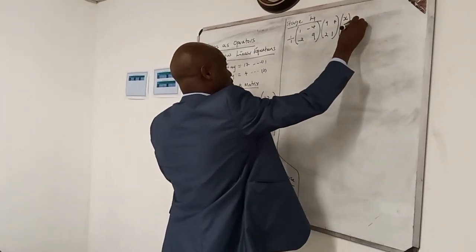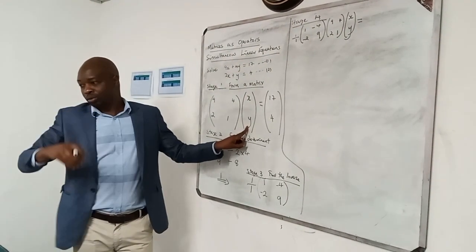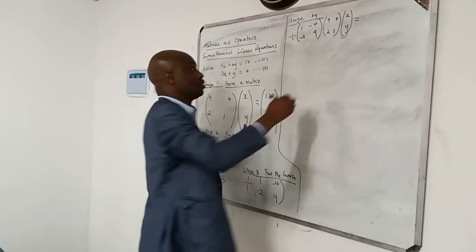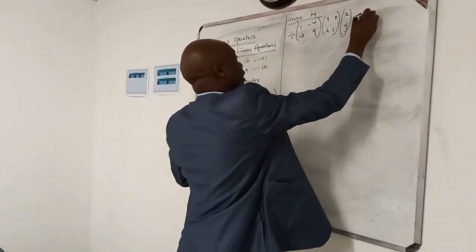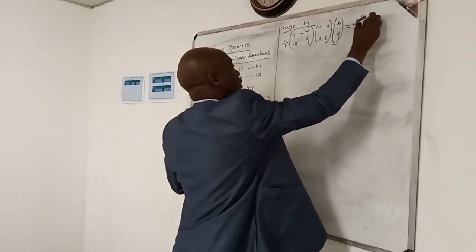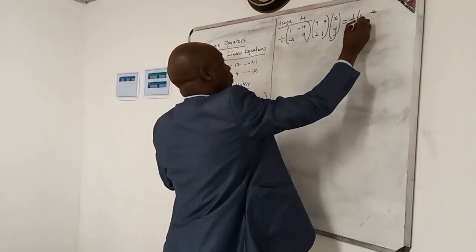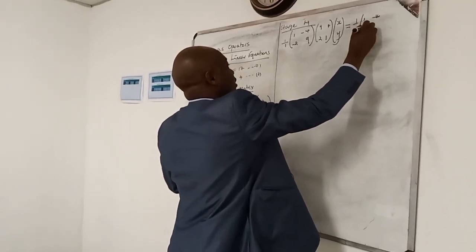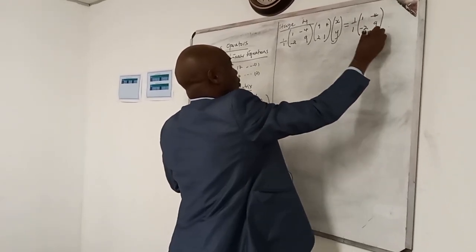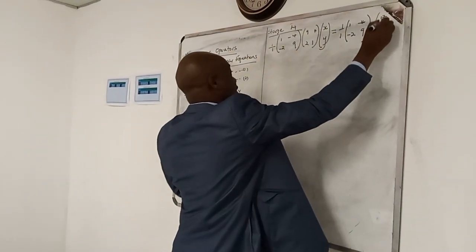What you have done to the left-hand side, you also do to the right-hand side. You multiply the inverse by 17, 4.